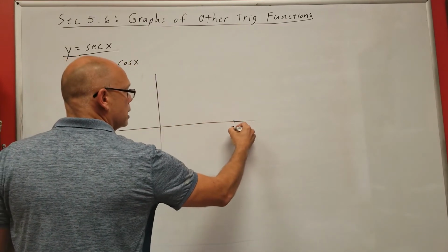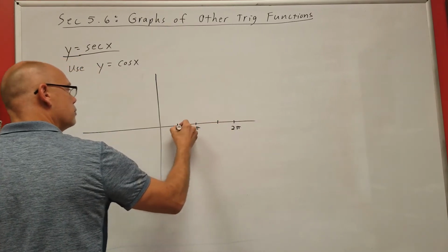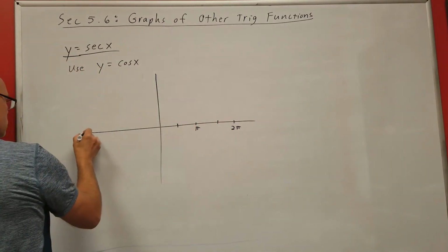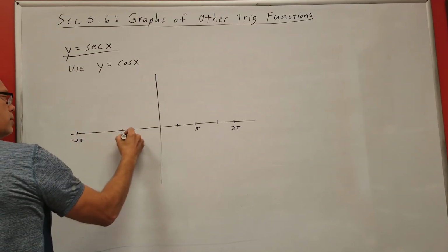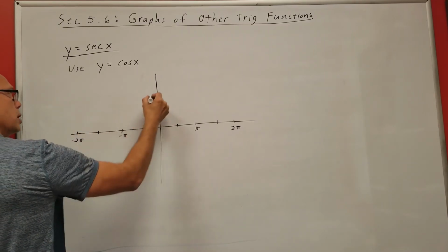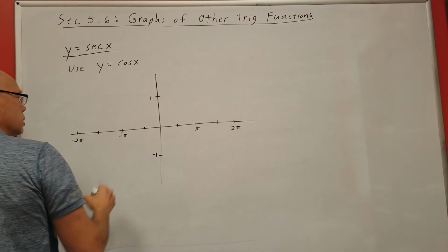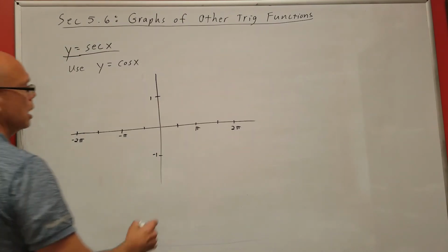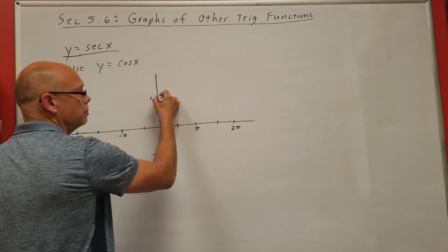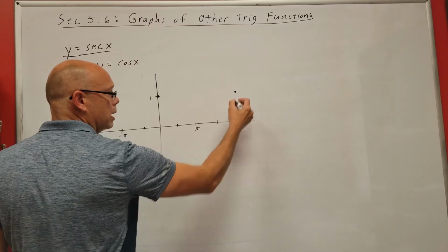Well, we could say, okay, here's 2 pi, here's pi. Draw tick marks halfway between each one. Over here, here's negative 2 pi. Here's negative pi. We'll draw tick marks in between each one of them. We'll put 1 and negative 1 on the y-axis. All right, cosine from 0 to 2 pi, it's going to start here, and it's going to end right here.